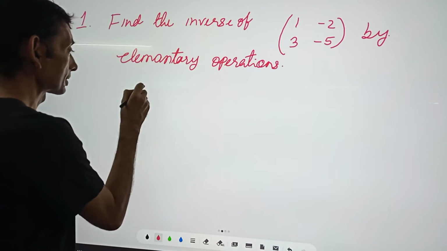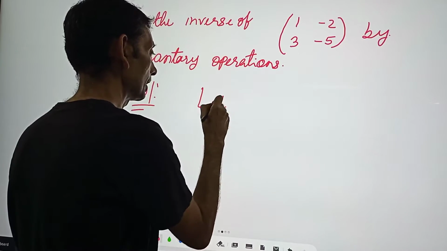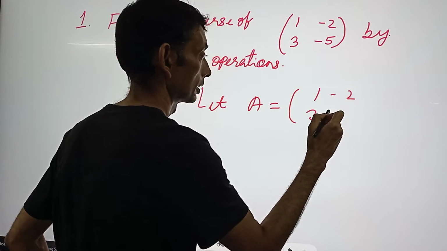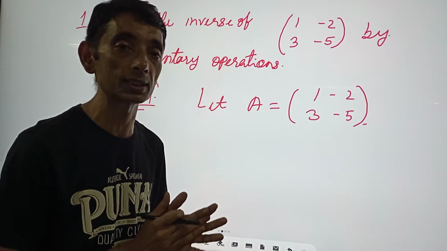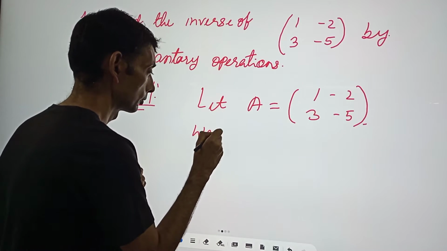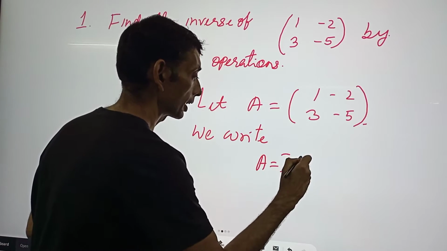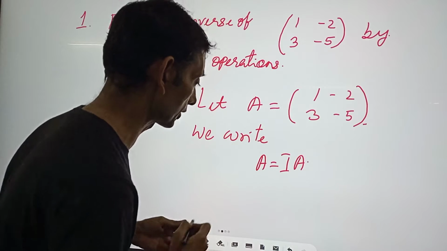So we'll start this sum. First we'll assume A is 1 minus 2 3 minus 5. Since we are going to use row operations here, we know that A can be expressed in the form of I into A, where I is an identity matrix.